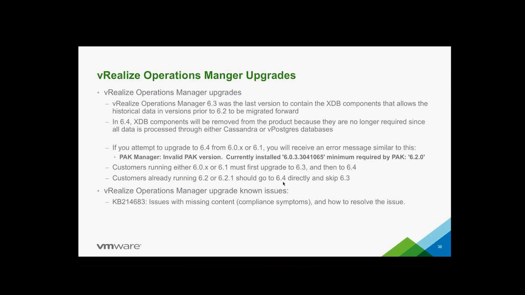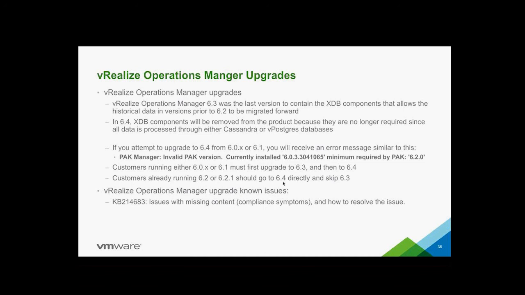If you want to upgrade to 6.4 from 6.0 or 6.1, you're out of luck because you cannot go directly. If you're on 6.0 or 6.1, you should upgrade to 6.3 and then 6.4. That's basically a step upgrade to ensure that you get rid of the XDB components, which we got rid of during 6.3 upgrades.